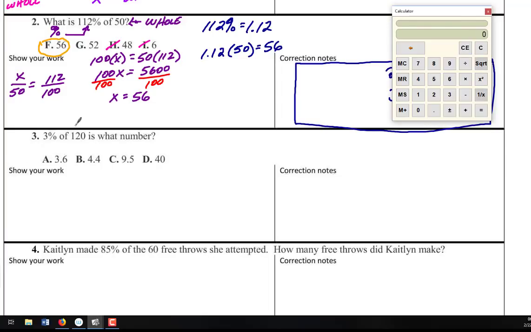3% of 120 is what number? All right, so now this is what number is the whole. 3% of 120 is which of these?